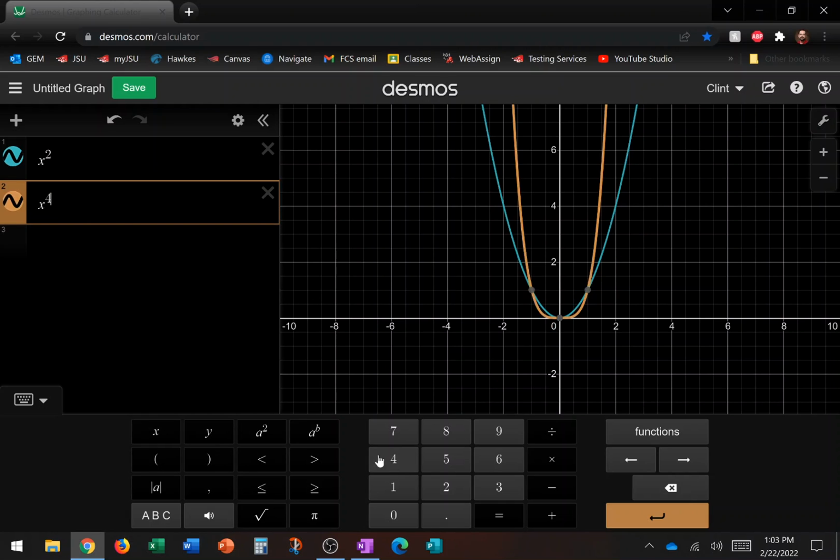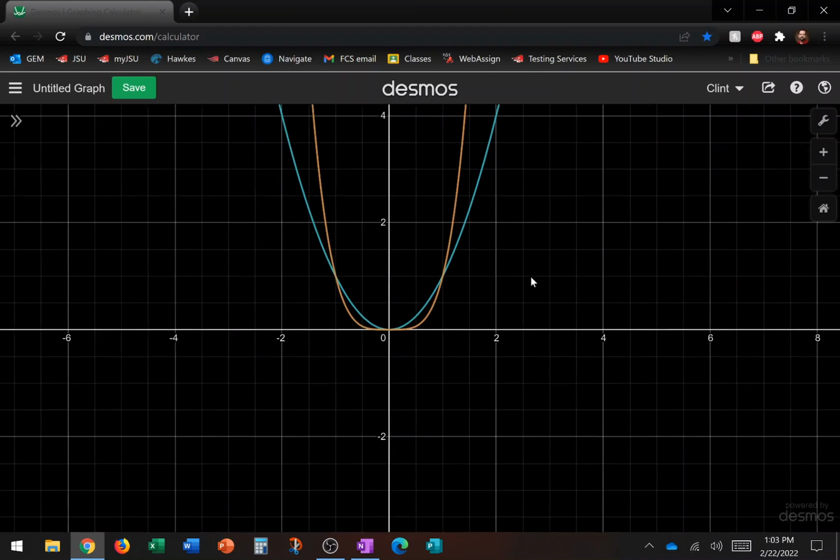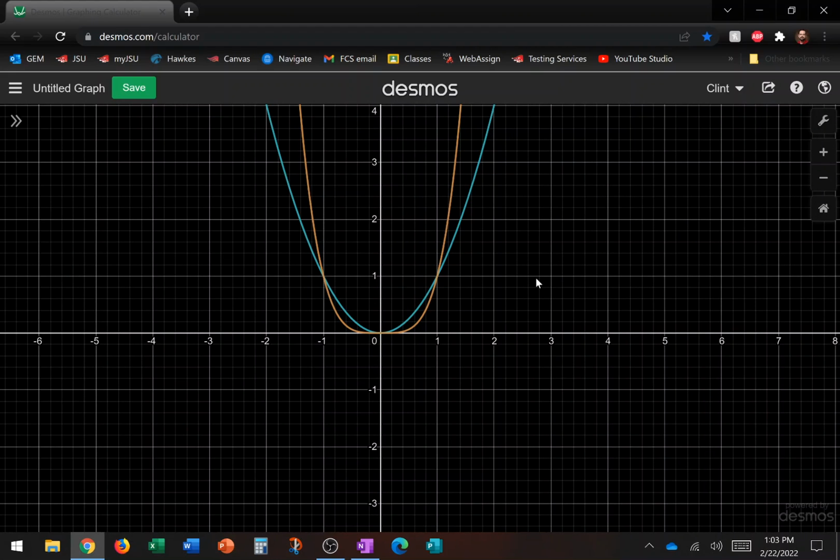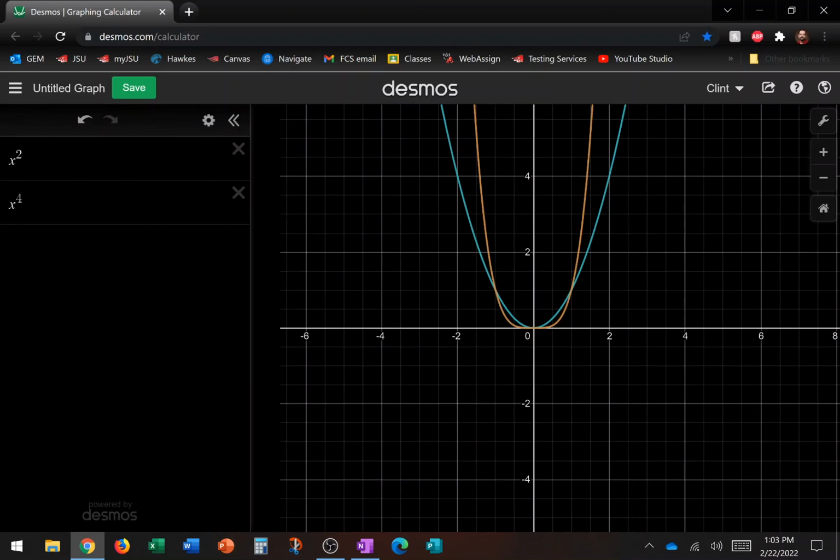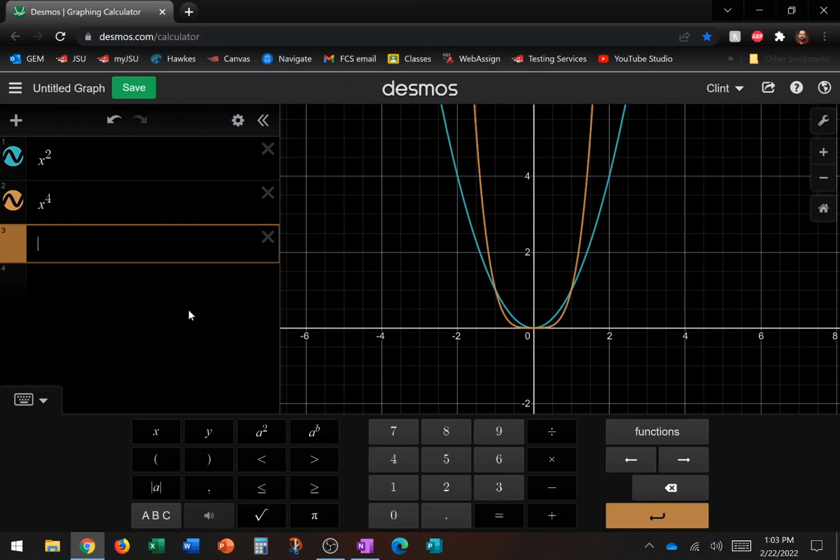Now let's look at x to the fourth. That's the orange one. It's still basically that shape. It's a little bit flatter around 0. Let's do something bigger and see what happens. So x to the 40th.